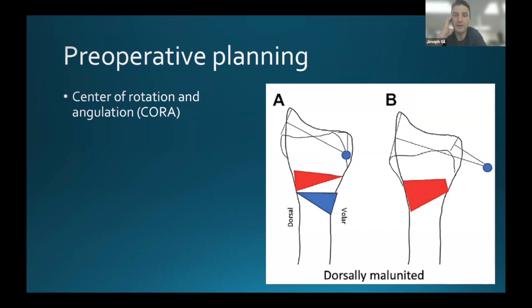If that point intersects the bone of the normal side, then typically you could get away with a closing wedge or an opening wedge osteotomy to make the correction, as you can see here in A. Whereas in B, a more severe malunion, the center of rotation and angulation ends up outside of the bone on this templating, and you would need to do a complete opening wedge osteotomy. So it gives you a sense of when you could get away with just an opening hinged or closing osteotomy versus a complete osteotomy.